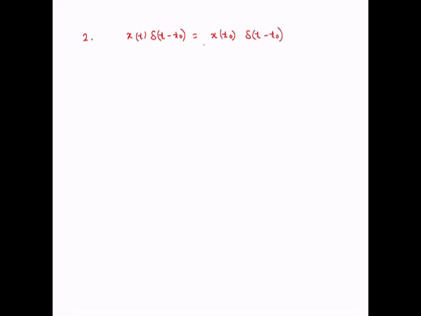Now in this property we know that delta(t minus t naught) is 1 when t is equal to t naught, and it is 0 when t is not equal to t naught. So by definition we can write, in the same way, that x(t) is continuous when t is equal to t naught.